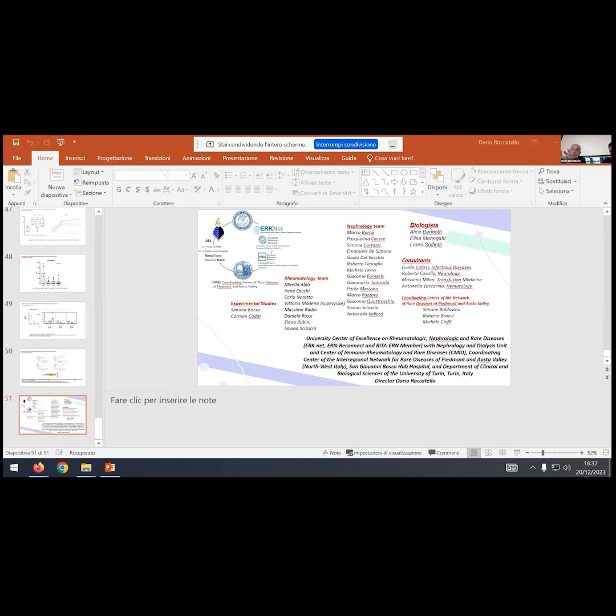And this is the case in which not to continue immunosuppression.